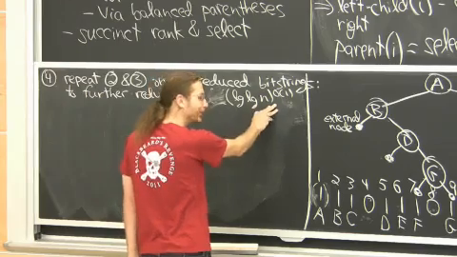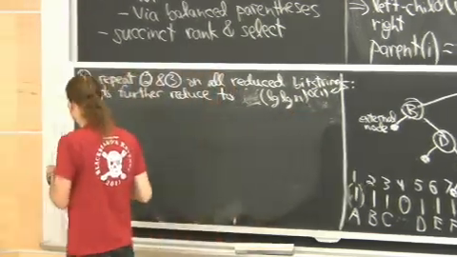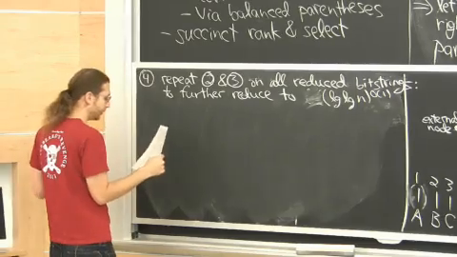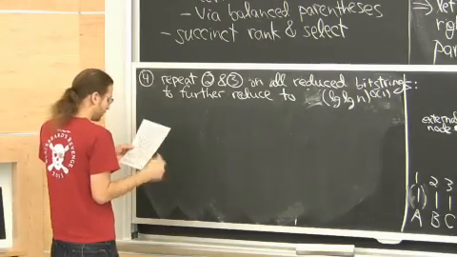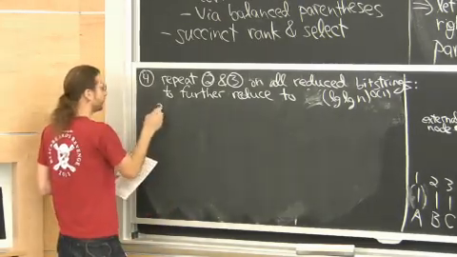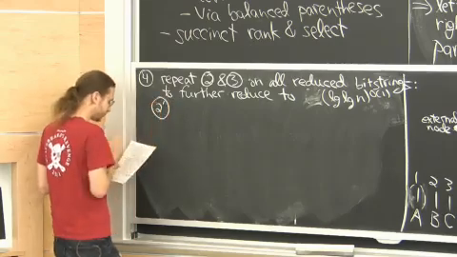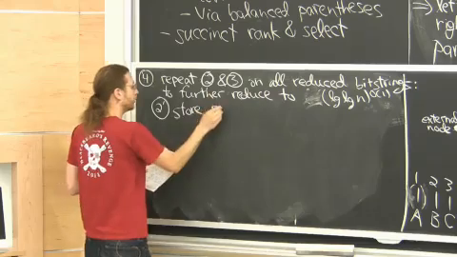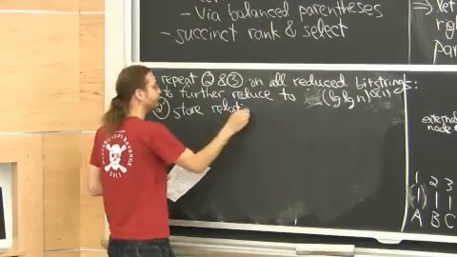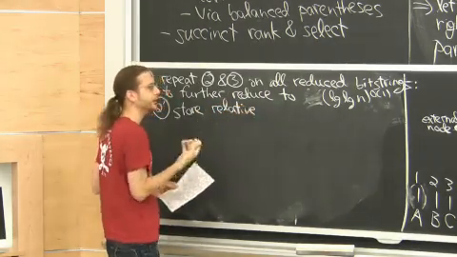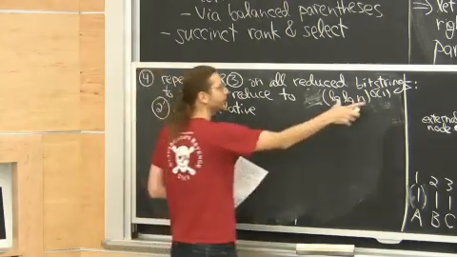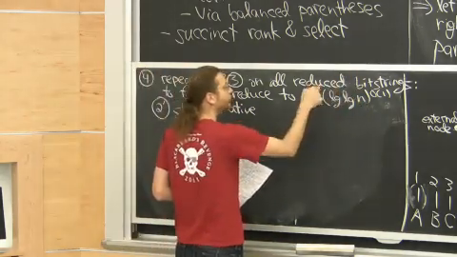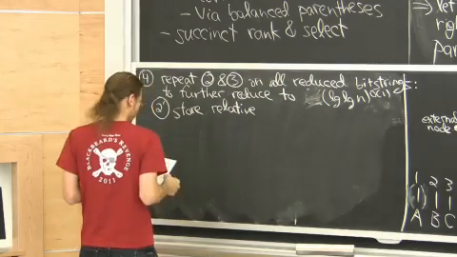Polylog. It's way smaller than half log. So we don't even need that much of the lookup table. Fine. So I'll call this 2 prime. I want to make this explicit because they are slightly different. Because now everything's relative to this, or to the reduced string, which is polylog.